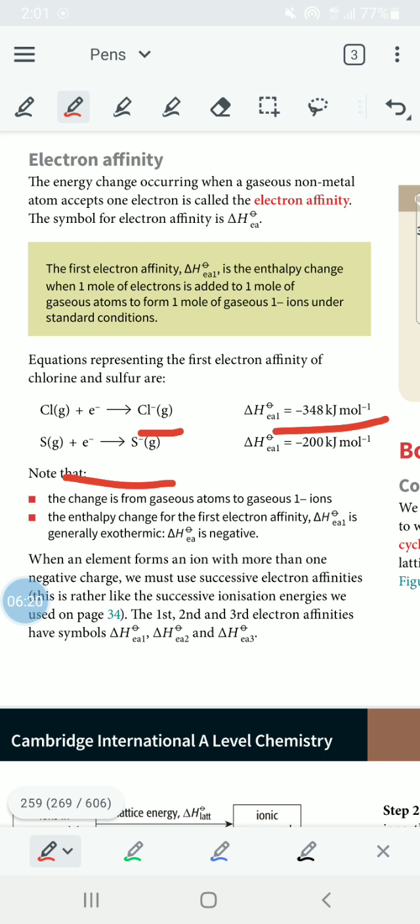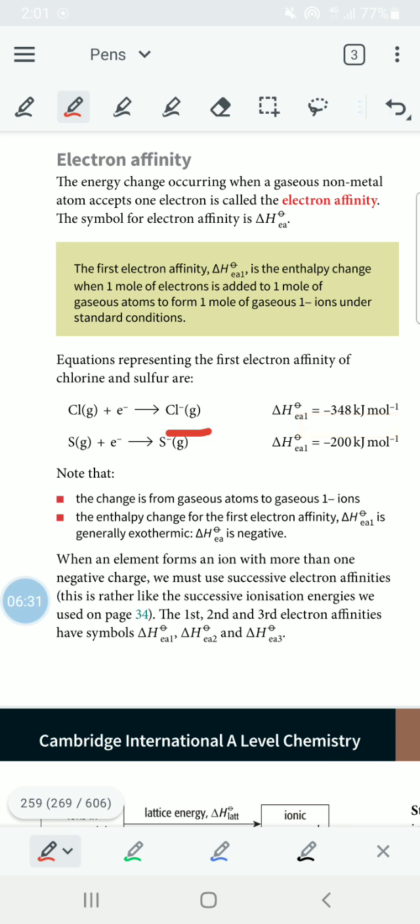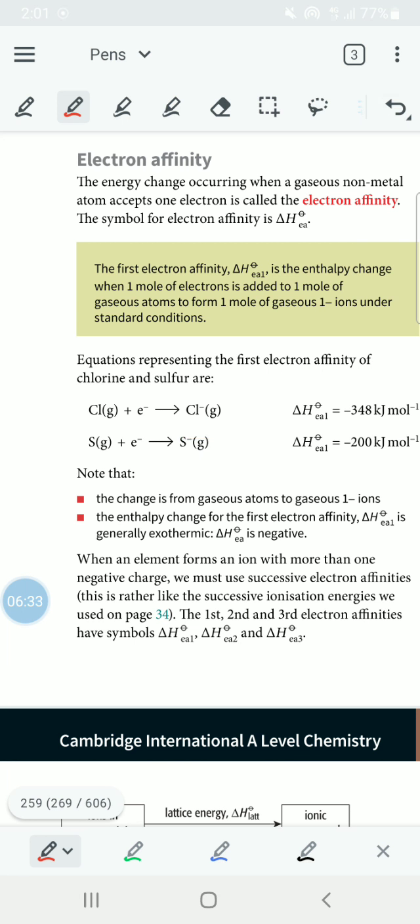Then sulfur, it doesn't stop there. Remember that sulfur has a second electron affinity as well. Why? Because its charge is S2 minus. So here it is becoming only S minus 1. Why? Because the first electron affinity refers to adding only one electron to the atom, right? So it is again minus 200.